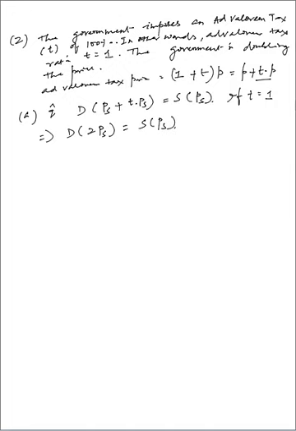Let's see, the other part to this problem, how we will be solving it is: do you have the demand function? What is the demand function we had? 20 minus 1 by 4 P, right?